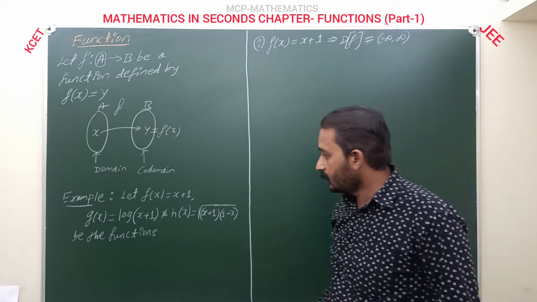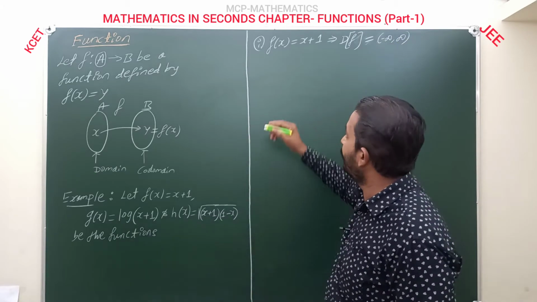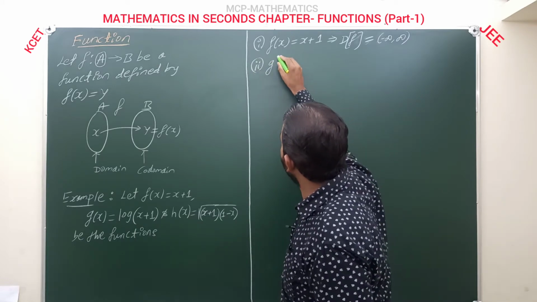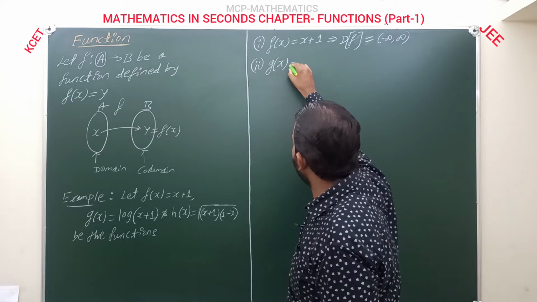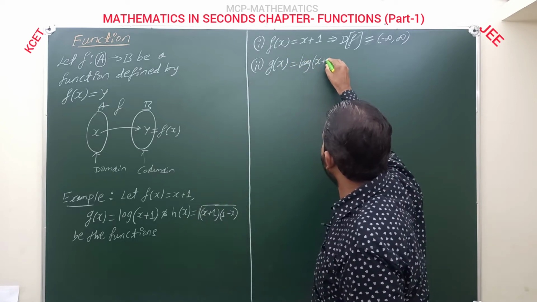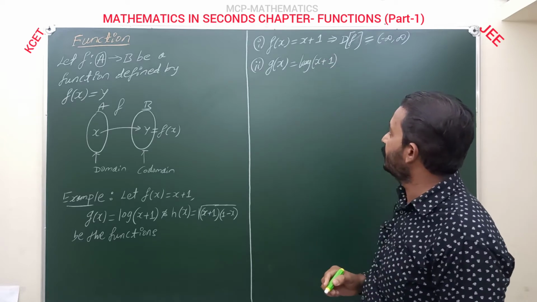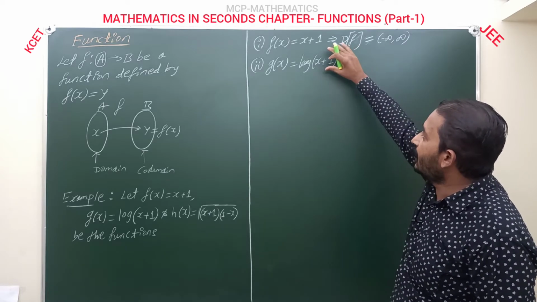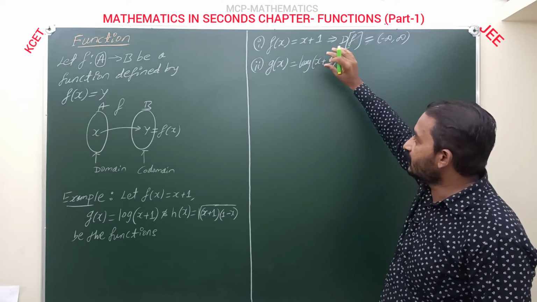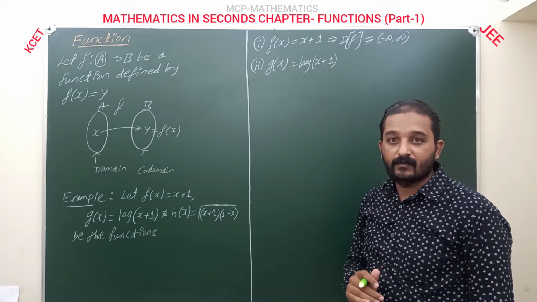Next, we discuss g of x, the domain of g of x. Here g of x is log of x plus 1. The log function is defined when the input value is strictly greater than 0. Using this condition, we have to find the domain of the log function.